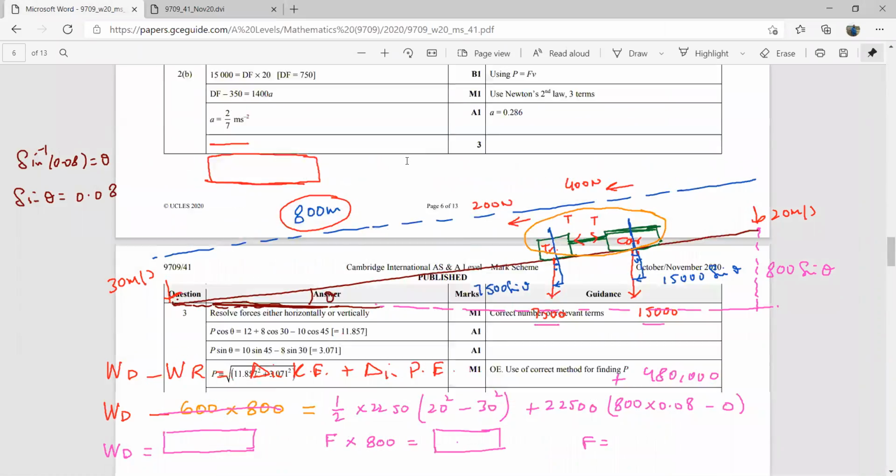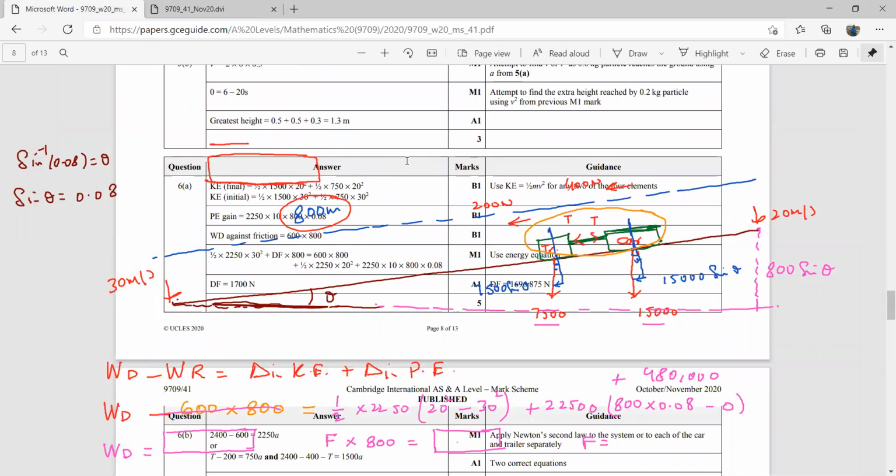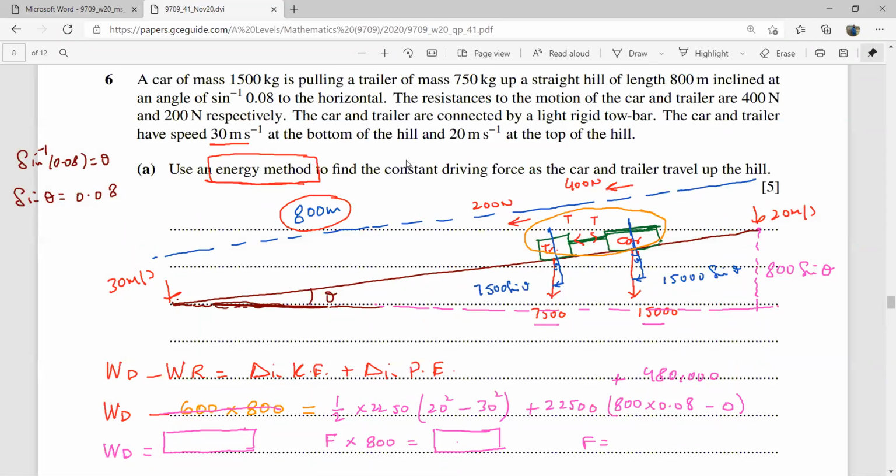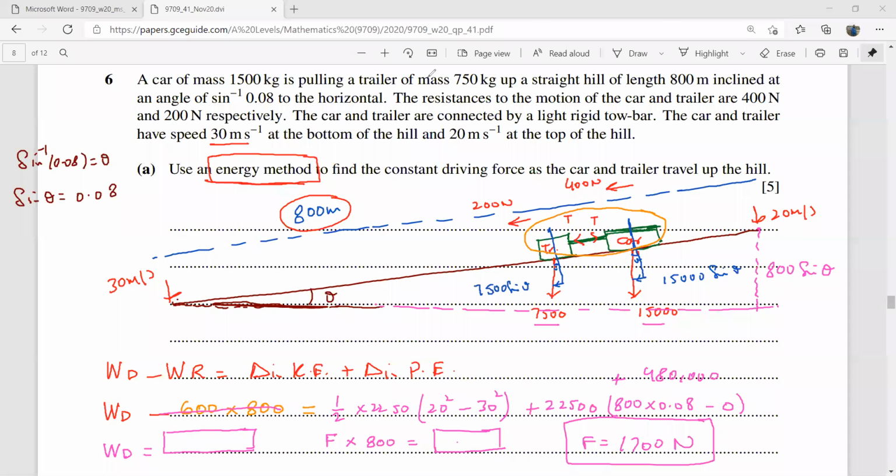It is question number 6a part, that is 1700 Newton. Please confirm if you're getting this 1700 Newton or not. This should be your answer. I'm waiting. Okay, we got the confirmation that the answer is right.